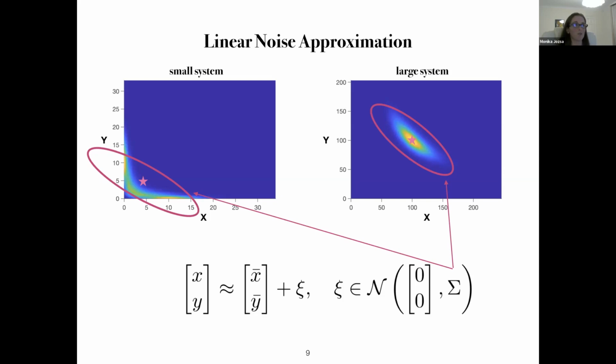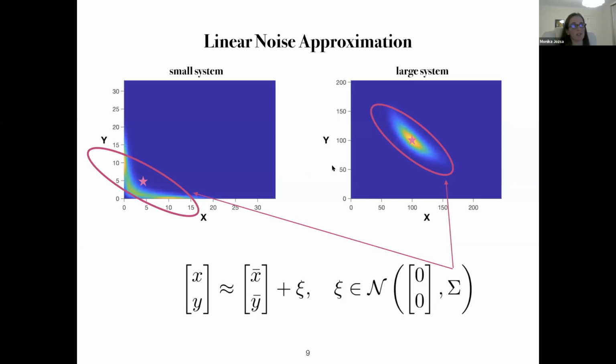And with this purpose, we applied linear noise approximation for this toggle switch model, which just means that we approximate these processes as a noise process around this equilibrium, this average number of molecules. And if you do that, then you get Gaussian processes, like a Gaussian fit, around these points.